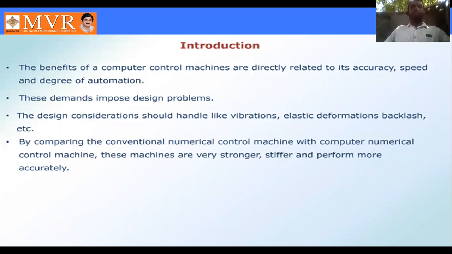So these are the benefits of using CNC machines. That is the introduction to CNC machines.